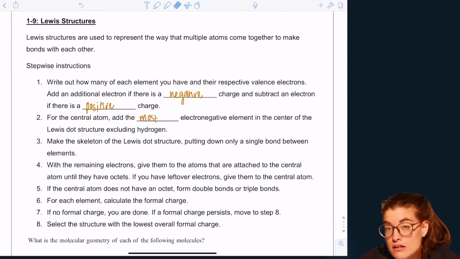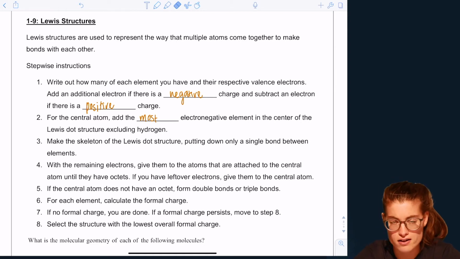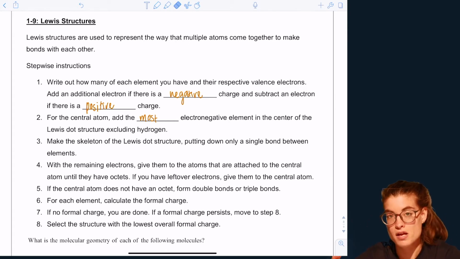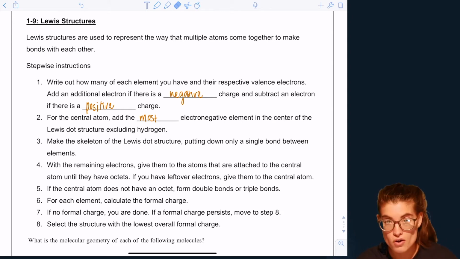It means it's greedy for electrons, and so of course it doesn't want to share electrons. If anything, it wants to steal electrons. So since the central atom is usually the atom with the most bonds, it doesn't make sense to put the most electronegative atom in the center. In fact, the best atom to put in the center would be the least electronegative atom because it's the most likely atom to share with its friends, if you will.